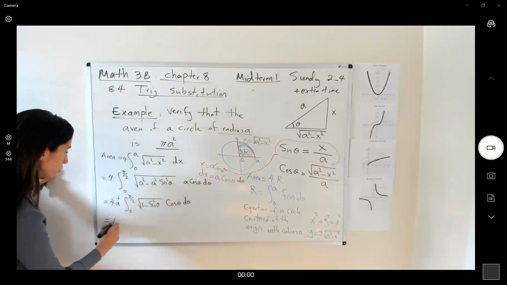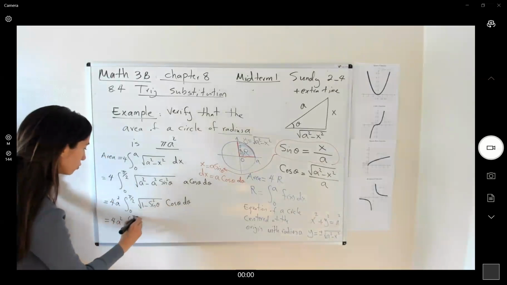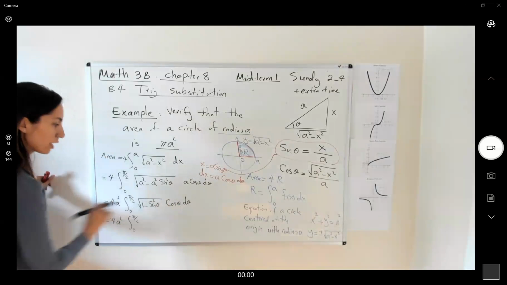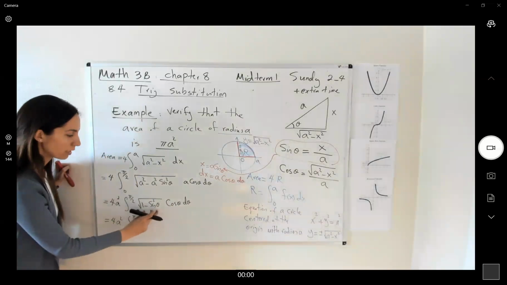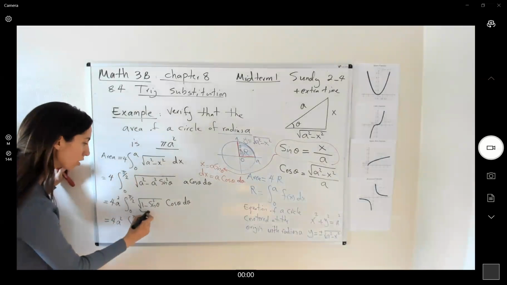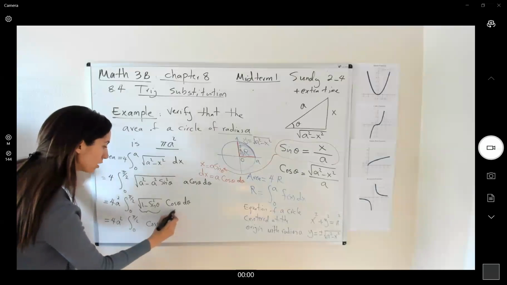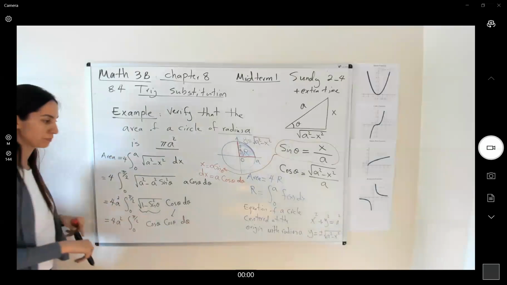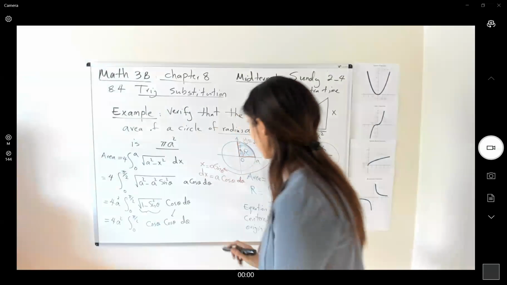This is equal to 4a squared integral 0 to pi over 2. The square root of 1 minus sine squared is cosine squared. So this guy is nothing but cosine theta times cosine theta d theta. You get cosine squared of theta.